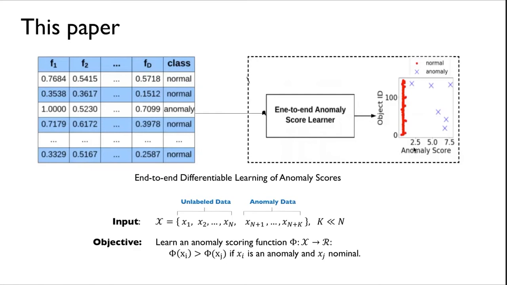This will become clearer in the experiments when they try different levels of anomaly in the unlabeled data. And then there are K points for which you know for sure that they are anomalies. The objective is that you will learn an anomaly scoring function so that the score of the anomaly will be higher than the score of nominal data points.